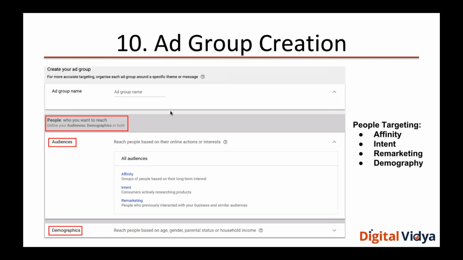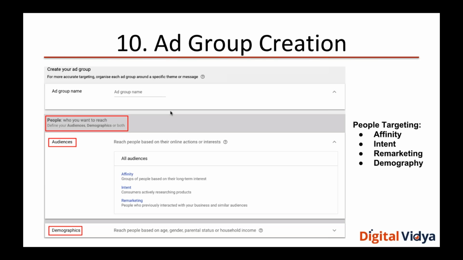So if I'm using demographic targeting and I'm saying people between the age of 20 and 40, okay, men and women, both gender, affinity, book lovers, okay. Now what will happen is, since I have selected three options, what are the three options? Age group 20 to 40, gender men and women, affinity book lover.